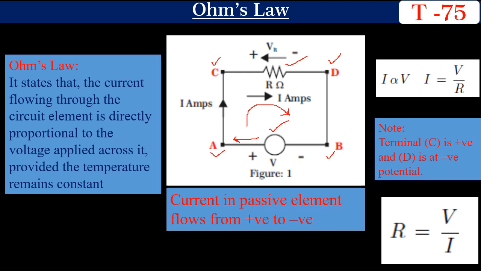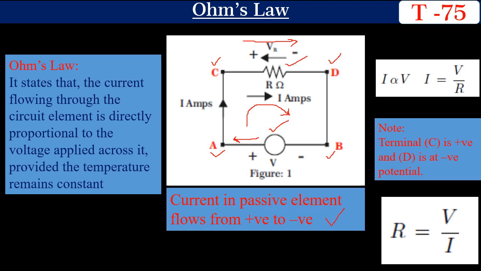Now, you see that the current of I amperes will flow from C to D. What does this mean? It means that the current in the passive element flows from a higher potential point to a lower potential point as shown. This is a very important concept that you have to understand.